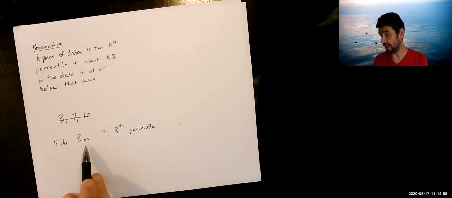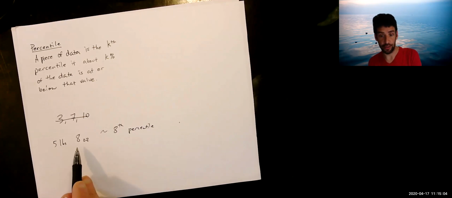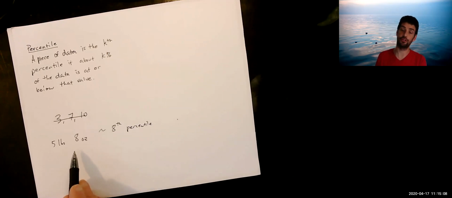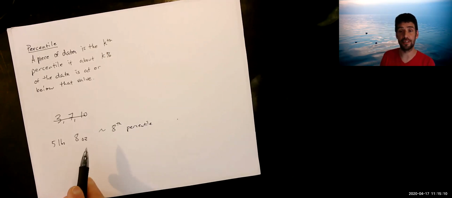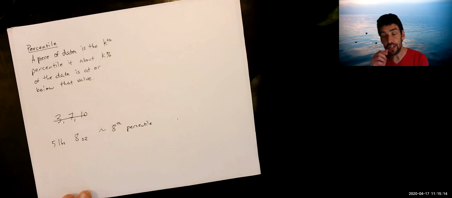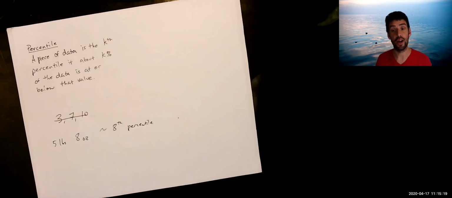So now that tells me something very specific, that this is a rather low birth weight. If only 8% are at this weight or smaller, that means more than 90% are heavier than this. And so that tells you how to think about this weight, even if you don't know anything about how much babies typically weigh. So it can put the data in context for you.